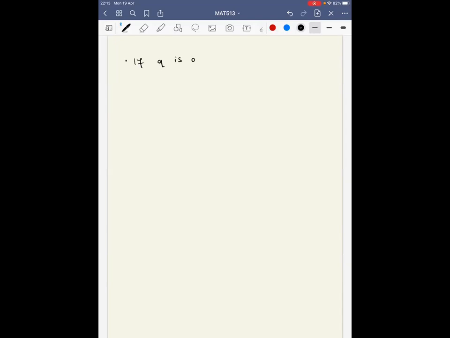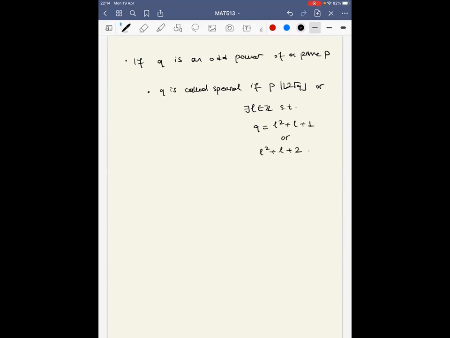So if q is an odd power of a prime p, then first we introduce a notion called special. q is called special if p divides the floor of 2 times square root of q, or if there exists an integer a such that we can write q as a squared plus a plus 1 or a squared plus a plus 2.